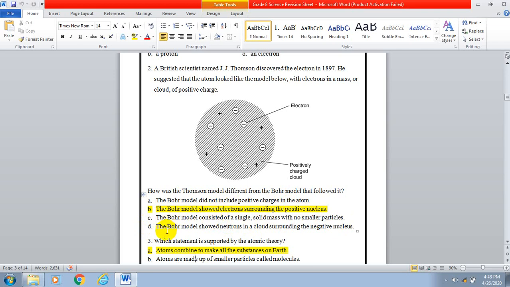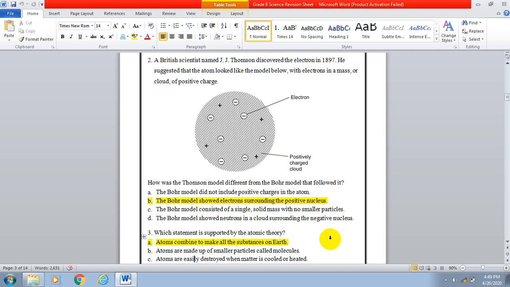No. The Bohr model showed neutrons in a cloud surrounding the negative nucleus. No. Absolutely no. So B is the correct answer here. The Bohr model showed electrons surrounded by a positive nucleus. So electrons are moving around the nucleus, and inside the nucleus we have positively charged particles. We call them protons, okay? So this was the second option.